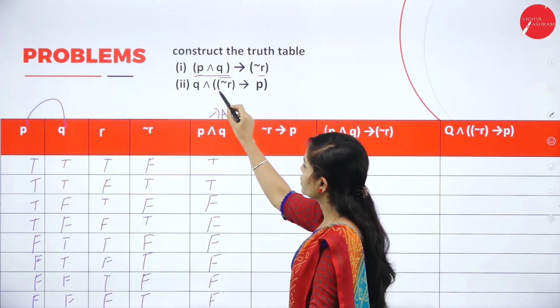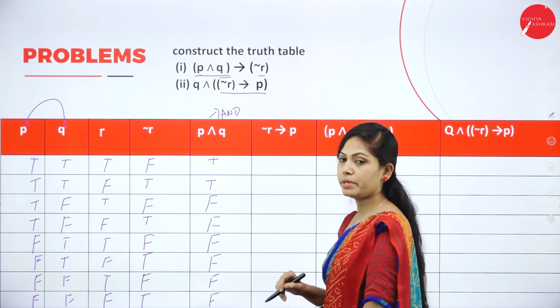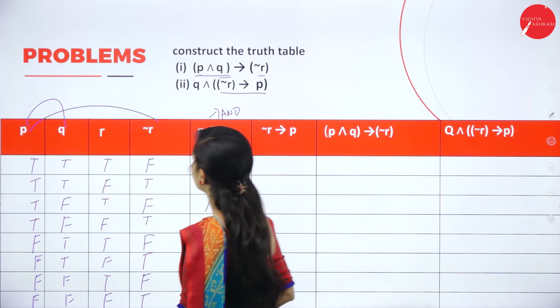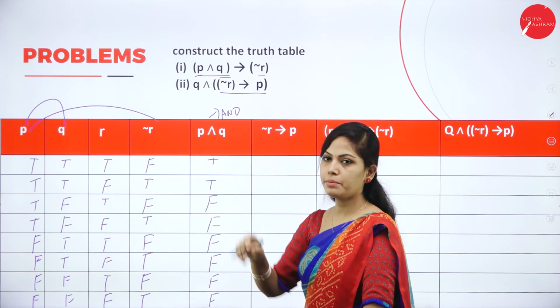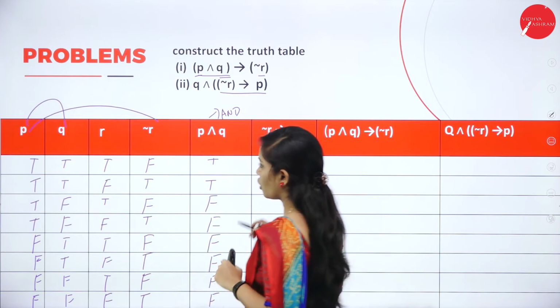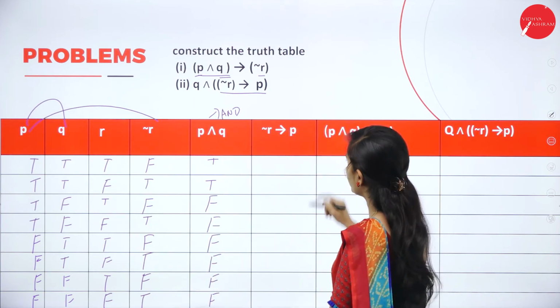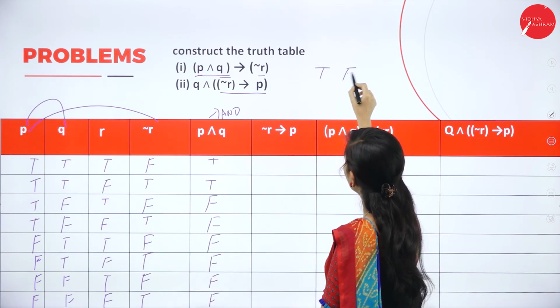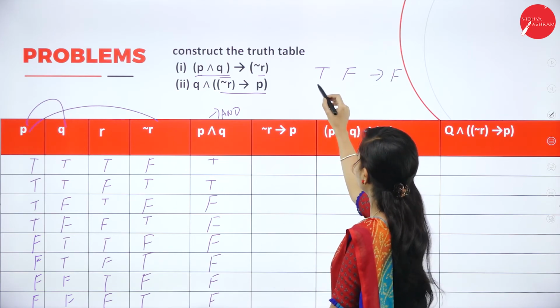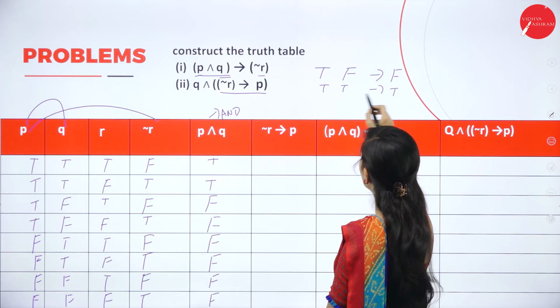And in the second question we have negation R and P. So you have to use the negation R column and the P column. I have already explained the implication truth table. True and false is the only false case; otherwise all the conditions are true.